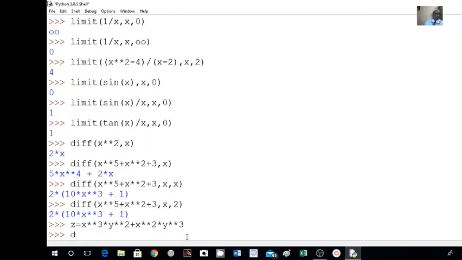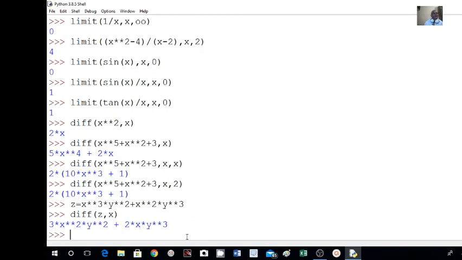Now if I write diff of z comma x, enter. Differentiation of z with respect to x, treating y as a constant quantity here. X cube derivative is 3x square into this y square as it is. 3x square y square plus, again we are differentiating with respect to x, this is 2xy cube.